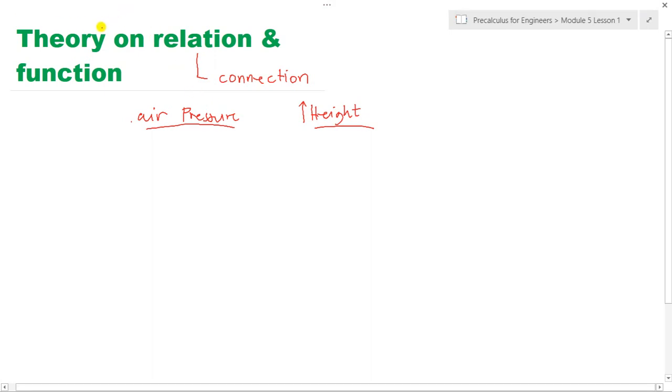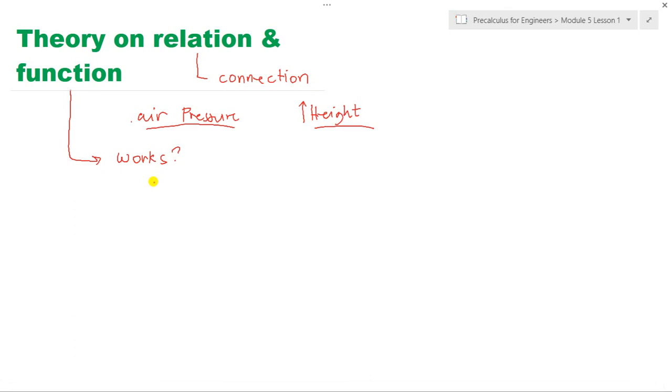But for the definition of function, it indicates whether our relation, like air pressure, works. So that is what a function is. It decides whether our relationship works.